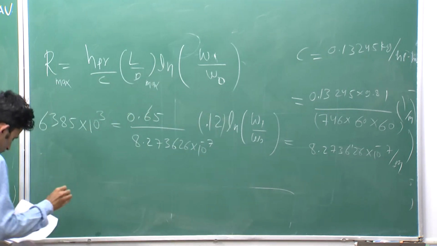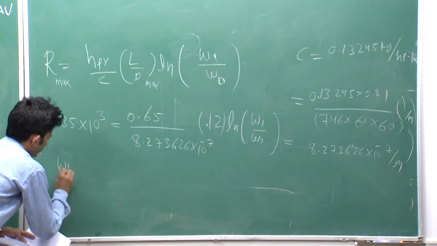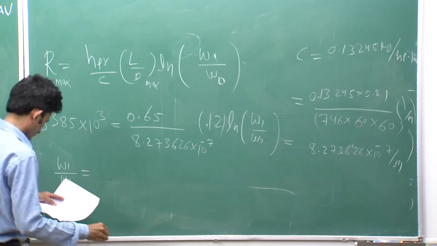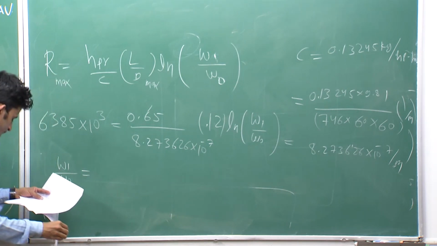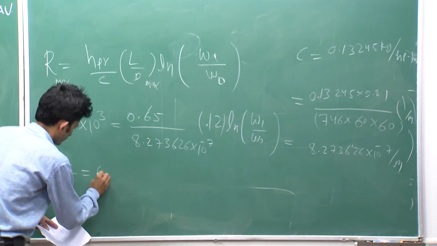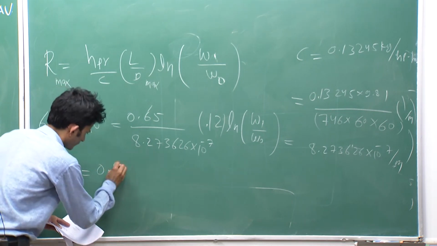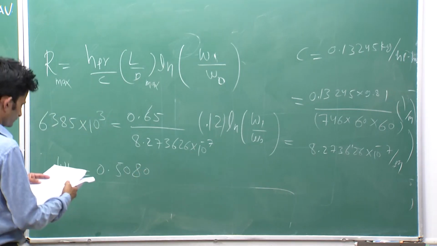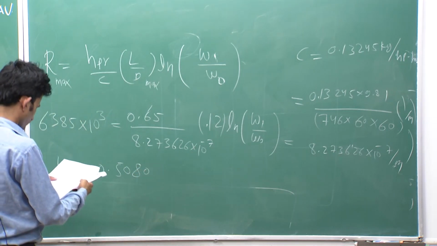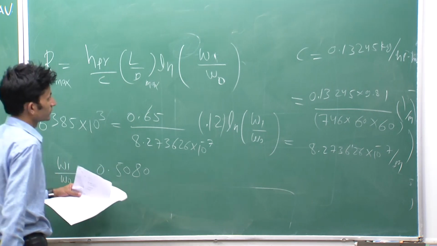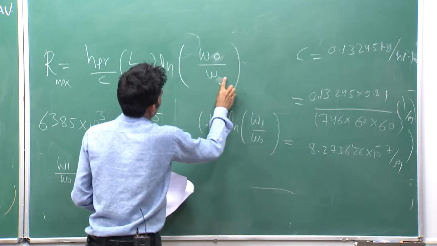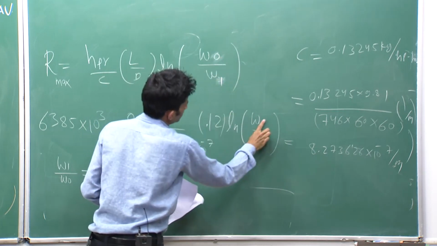So what will be your W1 by W naught? It will come to 0.5080. Okay, so this is W naught and this is W1.